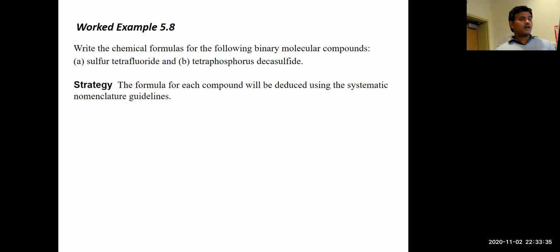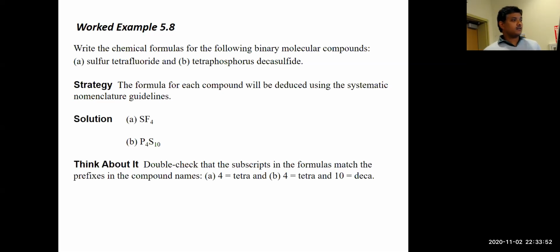And it said tetra in front of fluoride, which means there are four fluorines. That is SF4. And tetraphosphorus decasulfide is saying that there are four phosphorus elements and 10 sulfur elements. So P4S10. This is how you would identify the molecular formula using the name.